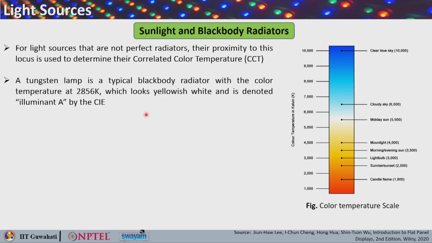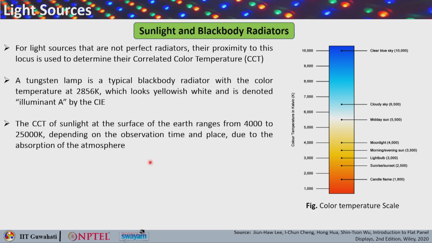Now, a tungsten lamp is typically a black body radiator with a color temperature around 2856 Kelvin. It is somewhere here, 2856 Kelvin. From this color temperature scale you can see where this source lies, and you can denote it as illuminant A by this CIE scale.